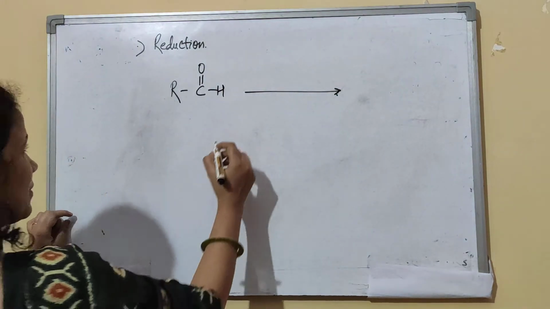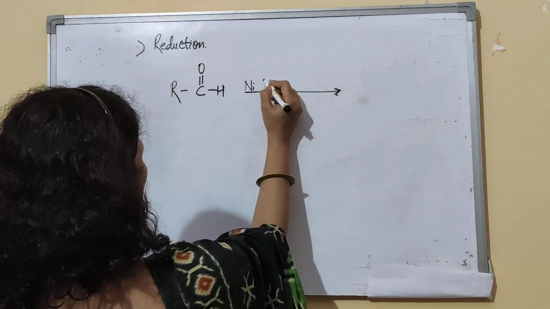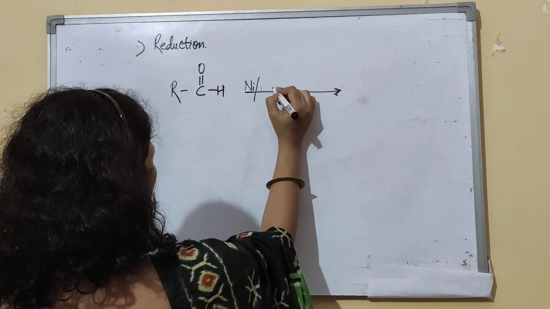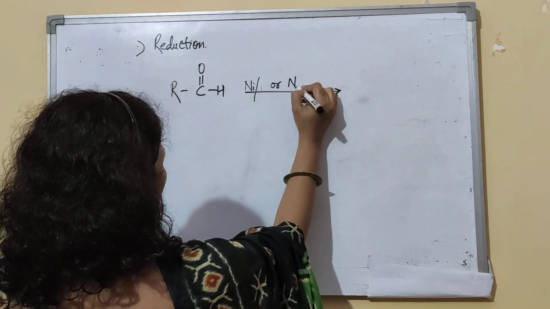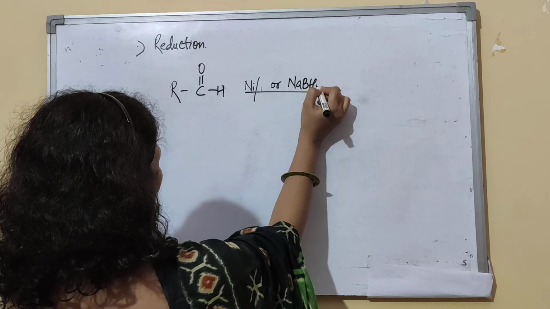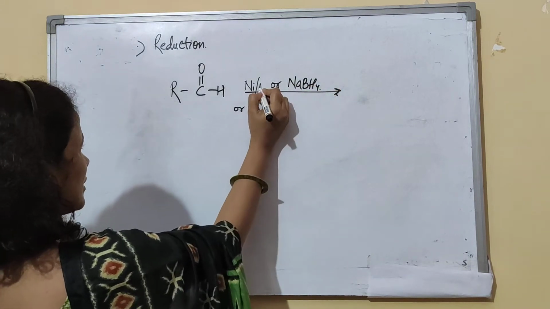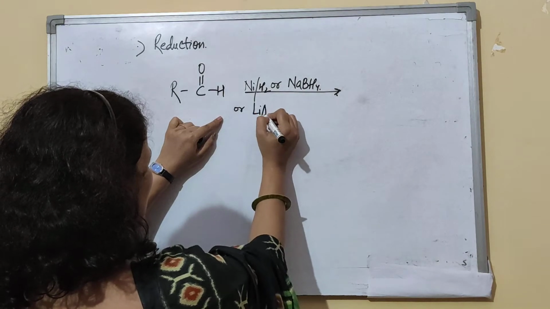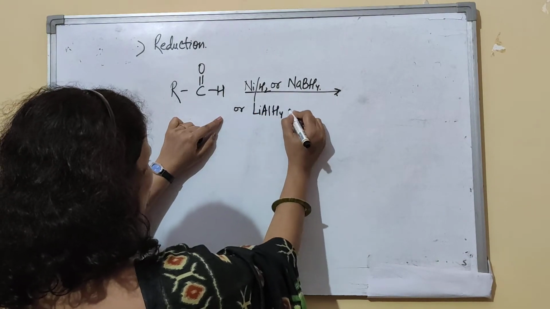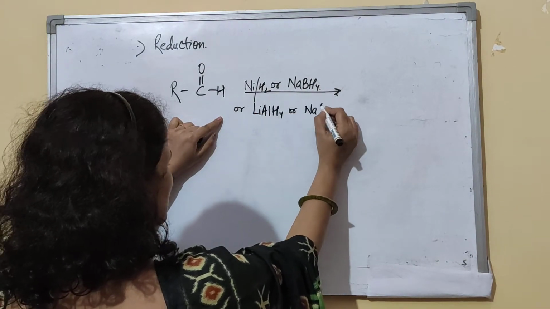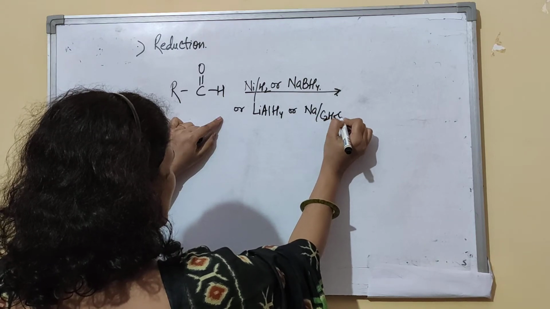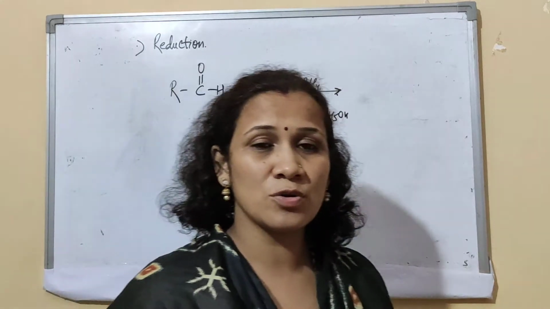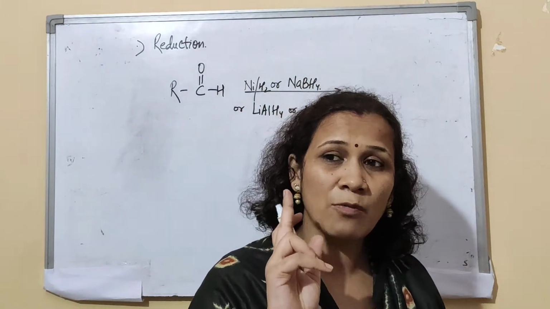The reduction can be via Raney nickel, or NaBH4 sodium borohydride, or H2 in presence of nickel, or lithium aluminium hydride, or sodium in presence of ethanol. All four are reducing agents. You can use any one of them.